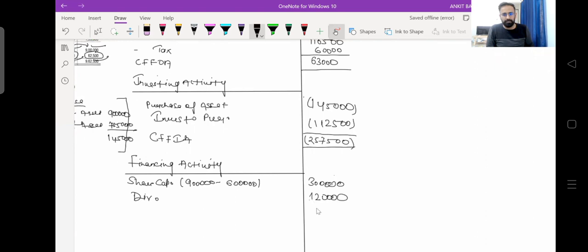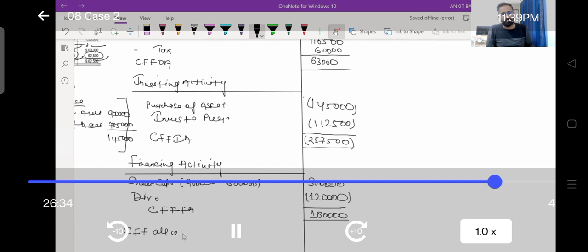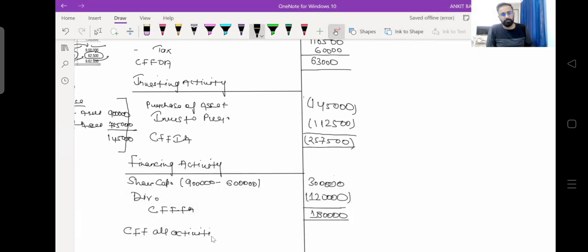So what will be the net balance or cash from financing activity? Cash flow from financing activity is 1,80,000. So now if I get the cash flow from all the activities, it is going to be 63,000 minus 2,57,500 plus 1,80,000.